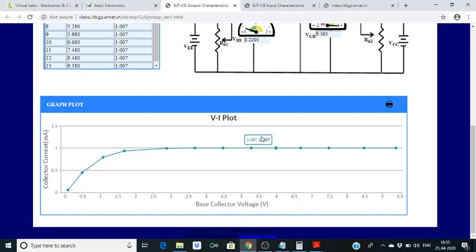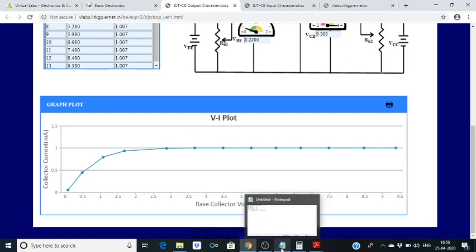So ideally the output resistance in CB configuration we can consider as infinite, because the slope is change in I divided by V, which is the reciprocal of resistance, so resistance equals 1 upon slope, and slope is 0 here, so 1 upon 0 equals infinity.